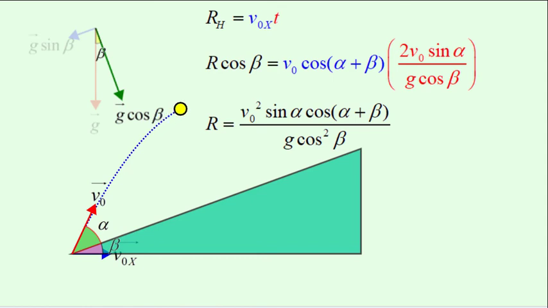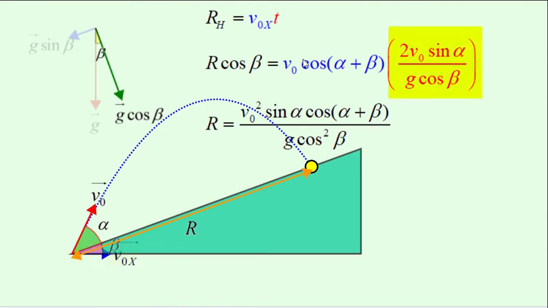And finally, we come to the range along an incline. And here you have to be a little careful. We use the same concept, which is that the velocity component in the horizontal direction, not the x direction, is constant, and that is v0x as marked here, which is v0 times cos of alpha plus beta, and this is due to the absence of acceleration along the horizontal direction.